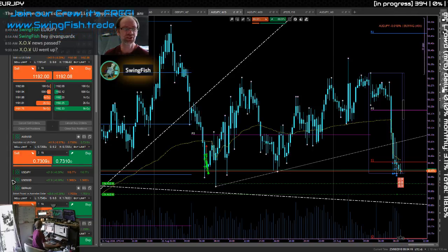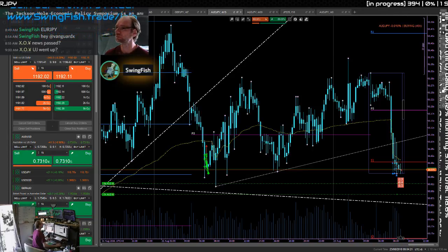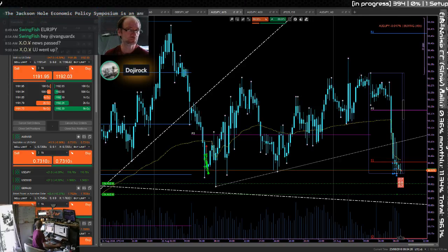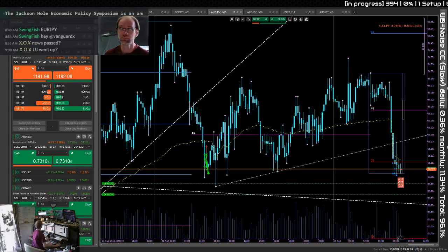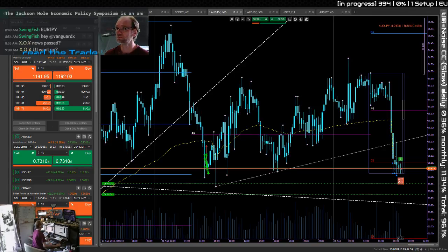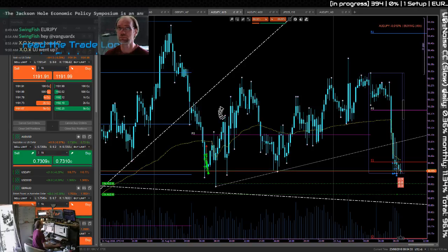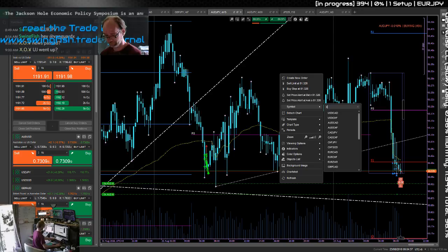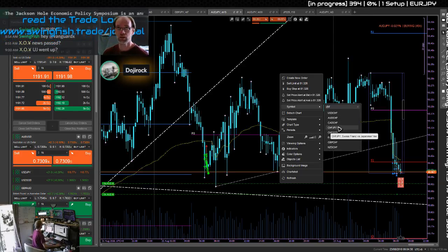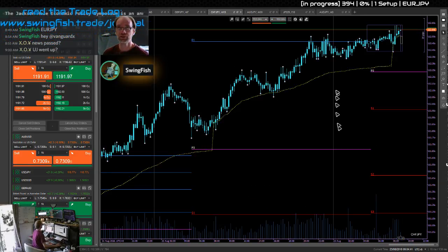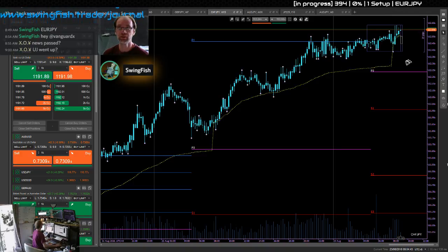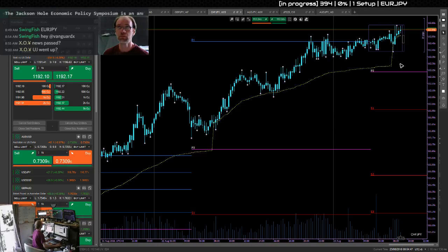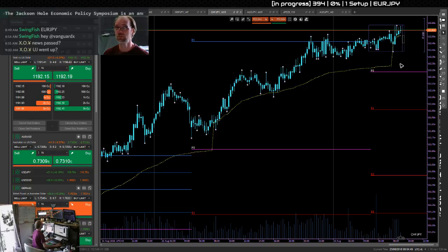Yeah, why is Swiss yen going up? Nasdaq's still not moving. Sitting right at break even. Yeah, Swiss yen is going up like there is nothing happening. Very strange.